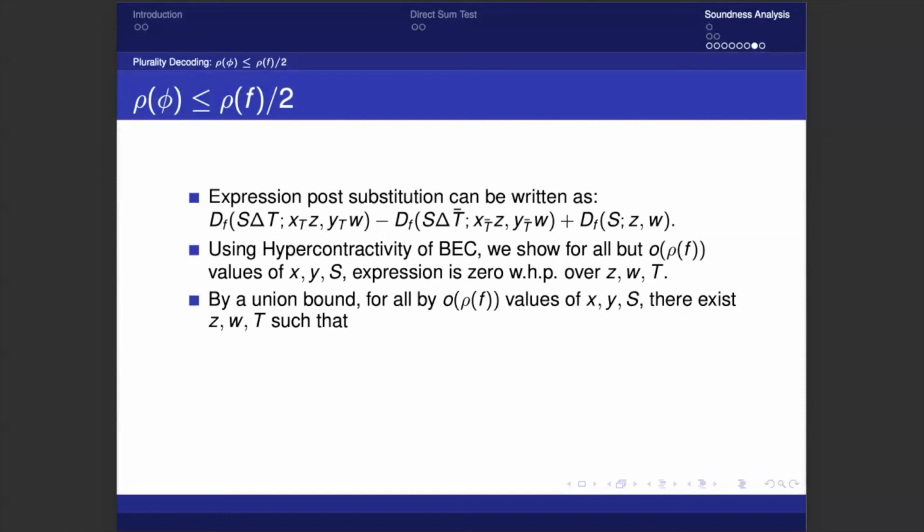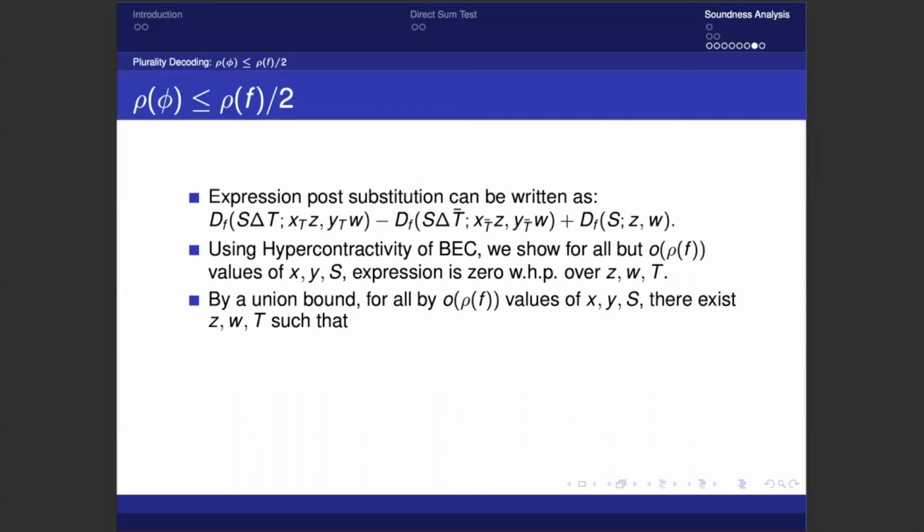So now we have these two statements. One, that for most choices of x, y, and s, these substitutions do not change the value of the original expression with high probability. And two, that for most choices of x, y, and s, the expression post-substitution is 0 with high probability over z, w, and t.